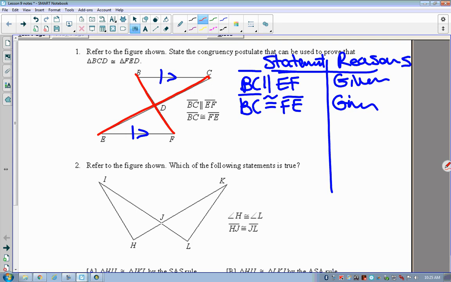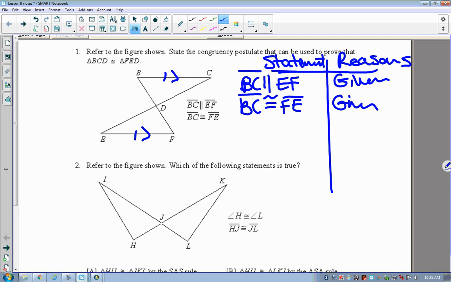Vertical angles are what's important here. Can anybody identify any vertical angles? I don't know when you say D if you mean this angle, this angle, this angle, or this angle. You're not being clear enough. How can I be more specific so I know exactly what angle you're talking about?